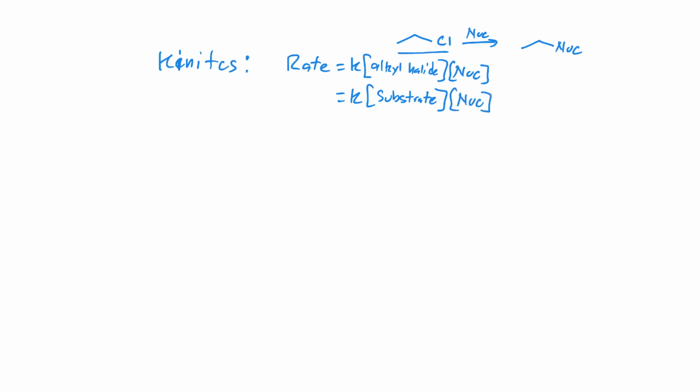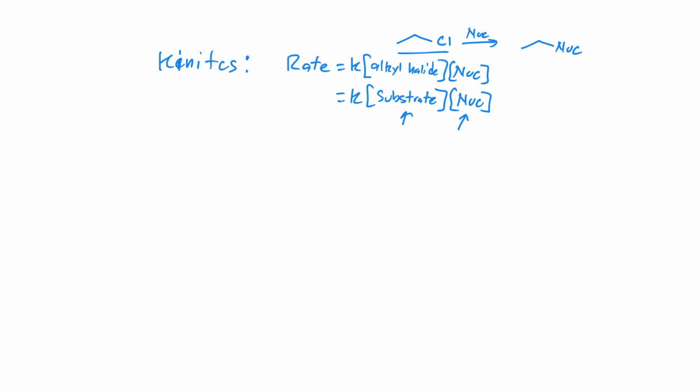So you can see there are two components, and by varying the concentration of those two components, scientists discovered that both the substrate concentration and the nucleophile concentration are responsible for the rate of this reaction. So for instance, if we were to double the substrate concentration, if we put in twice as much alkyl chloride in this case, we would have a rate that is doubled. If we were to instead double the amount of the nucleophile, put in twice as much nucleophile, all else being equal, we'd have a rate that is doubled.